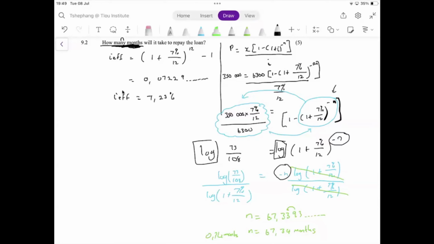And then we divide so that we can find n by itself. How did I get 73 over 108? All I did is I took this blue part to the left hand side and I took the blue cloud to the right hand side. So 1 minus the blue cloud will give you 73 over 108, and then you log both sides.